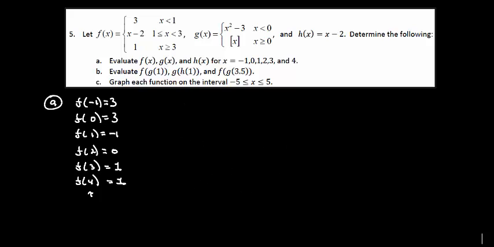You can see this takes a little bit of time, especially when you're trying to explain it. So g is a little bit better because g has only got 2 functions here to look at. I'm not going to go through quite as detailed as I did the last time, but I'll say that our boundary value is 0, so anything less than 0 gets this first equation up here.